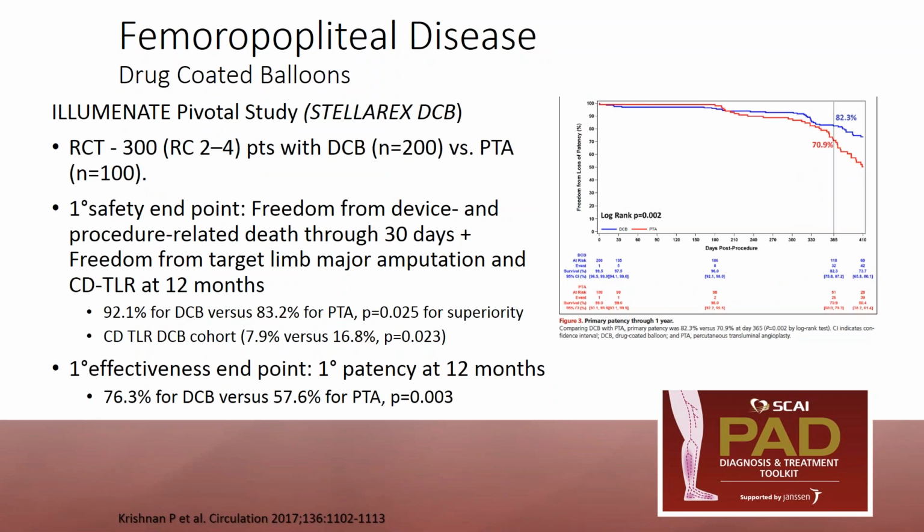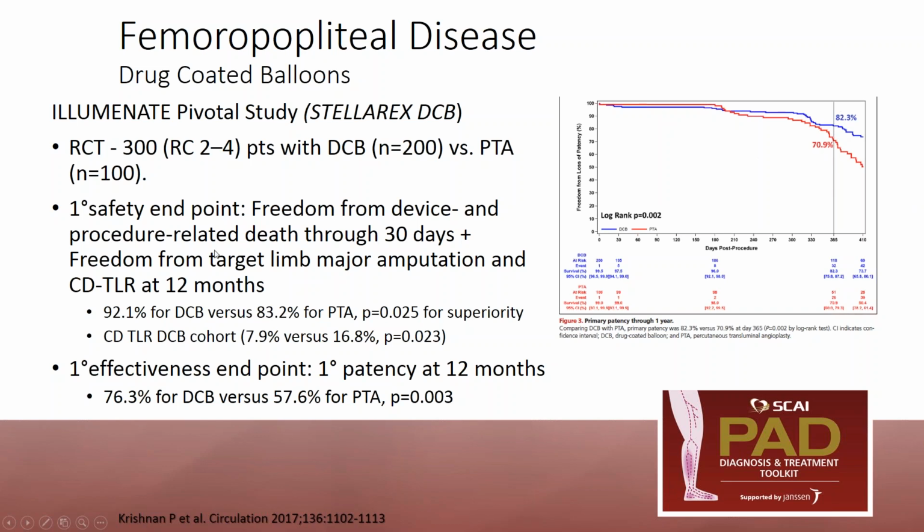The third balloon available is the Stellarex, made by Philips or Spectranetics, and they published their data under the Illuminate trials, both 1 and 2. This is the pivotal trial looking at 300 patients, Rutherford 2 through 4, looking at the DCB versus PTA alone. Look at the rates here at 1 year: 82% freedom from loss of patency versus 70.9%.